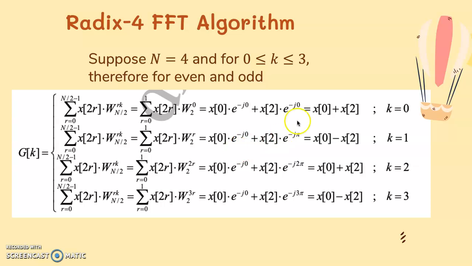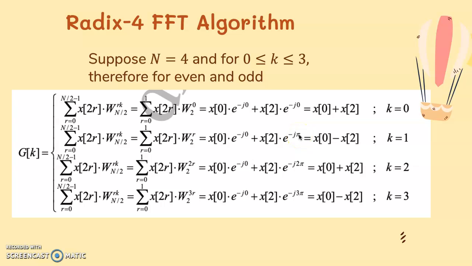Okay, so you have to solve this using Euler's equation. Carry on until you get G1: x0 e^(-j0), x2 e^(-jπ), because k is 1. So this is r0, this is r1.